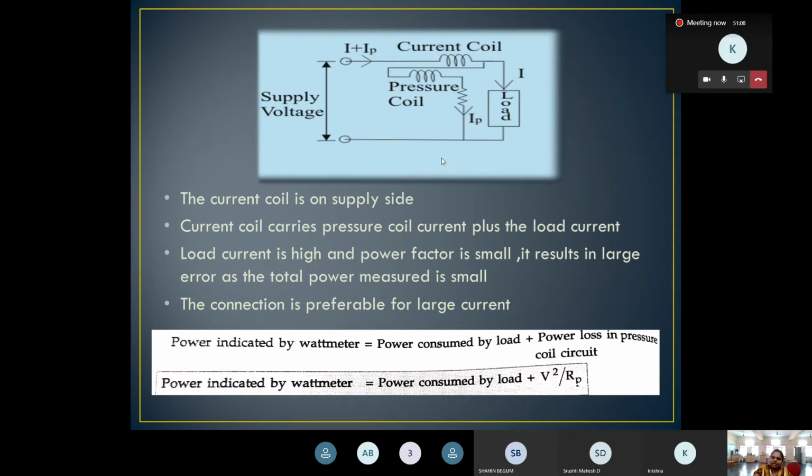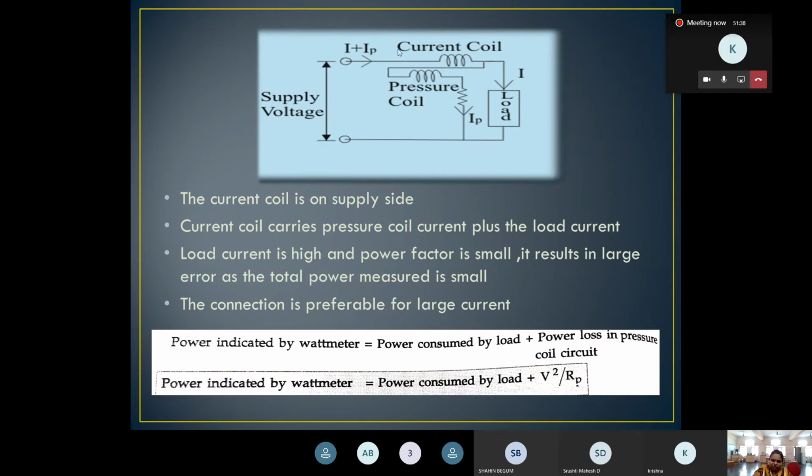When the load current is high and the power factor is small, it results in a large error, as the total power measured is small. Due to this, the power measured is going to be less.